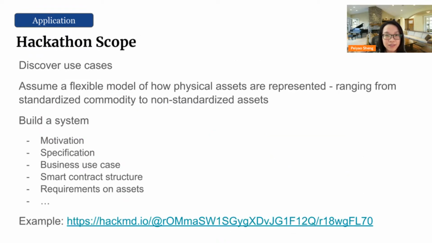Last thing, to clarify the scope of this hackathon, our primary goal is to discover use cases. We have introduced the basic DCO architecture, but we didn't define any strict rules or structure that you have to follow. So there's flexibility for you to expand the design scope.